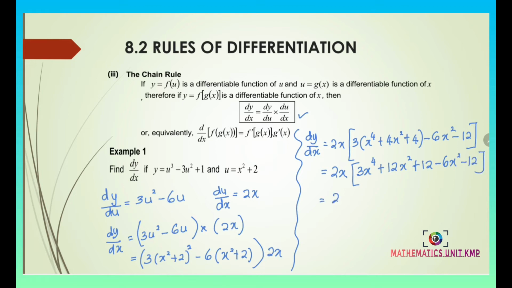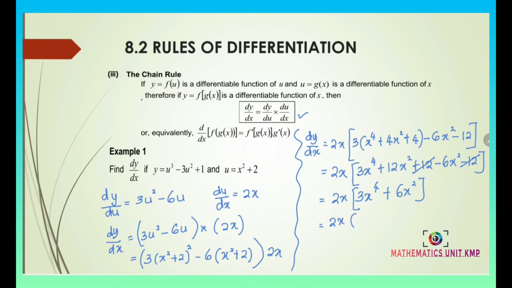So what we get here, we can simplify plus 12 and minus 12, and plus 12x squared minus 6x squared, we get plus 6x squared. After that, we can factorize the 3x to the power 4 and 6x squared.